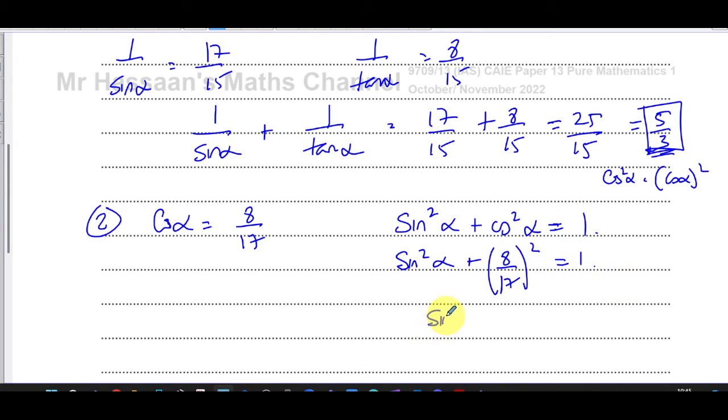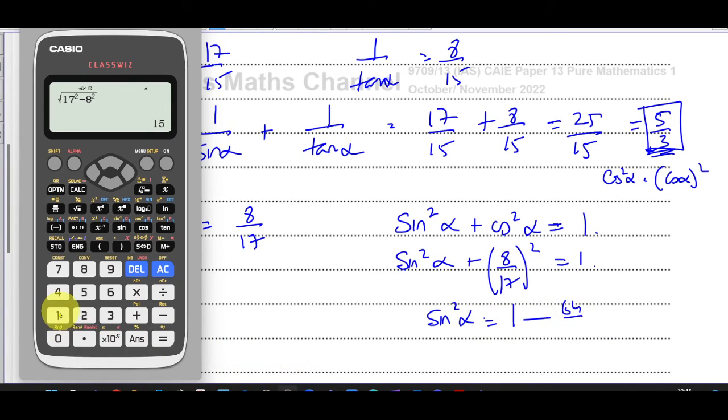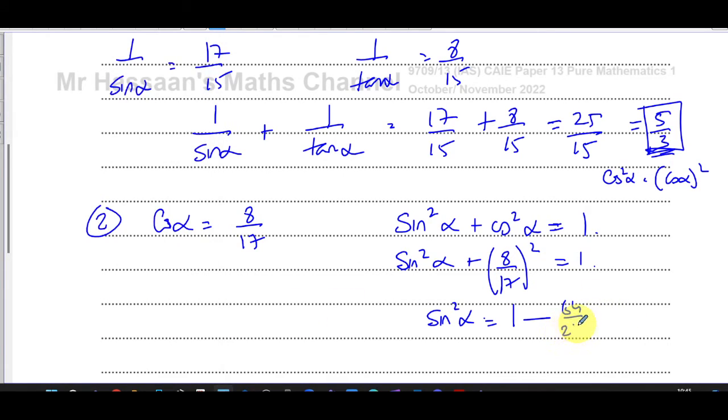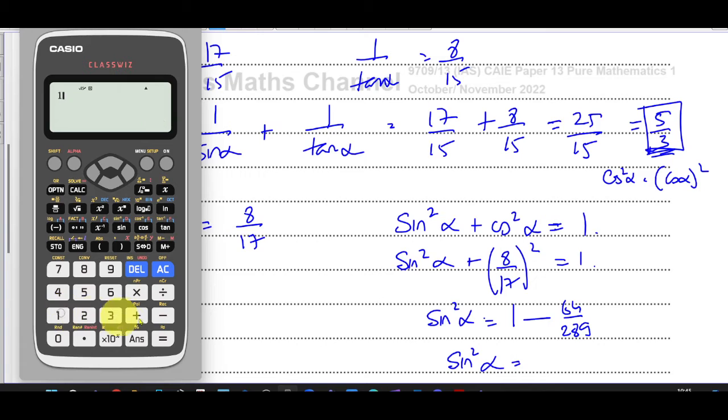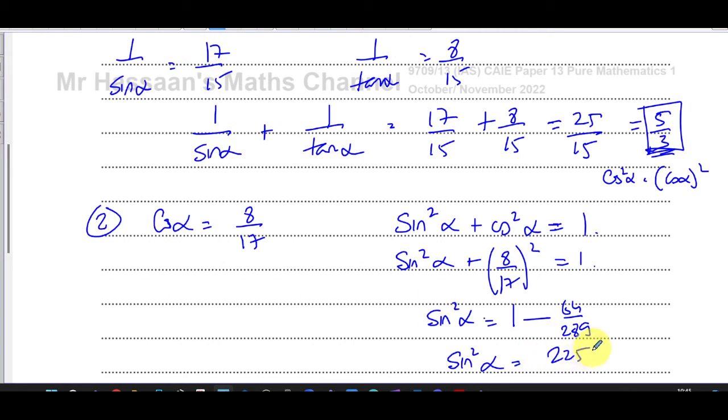That means the sine squared of alpha is 1 minus 64 over 17 squared. So sine squared alpha is equal to 1 minus 64 over 289. So you're going to have 289 minus 64, which gives you 225 over 289.